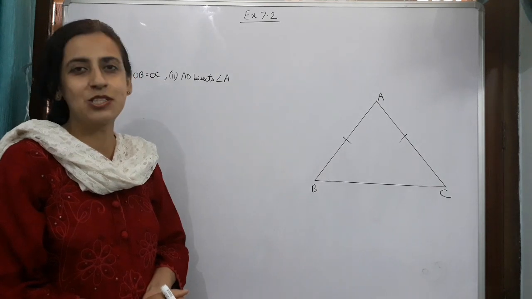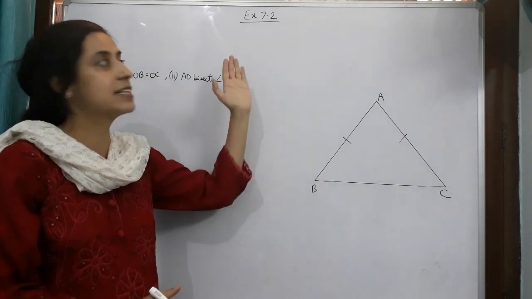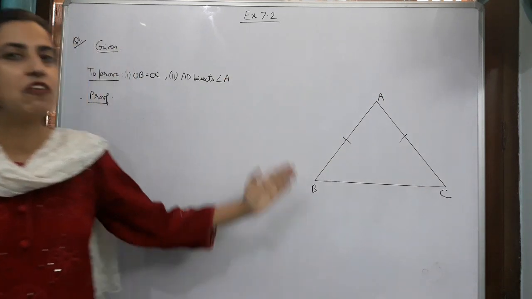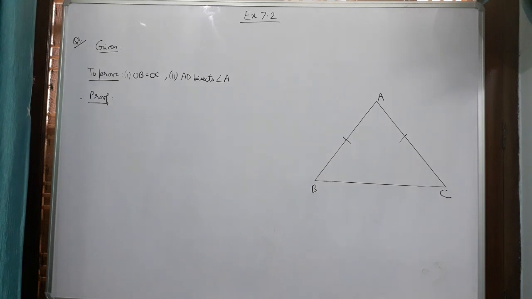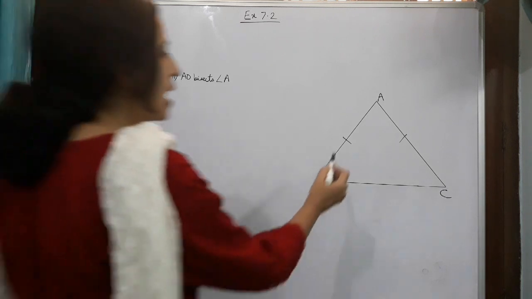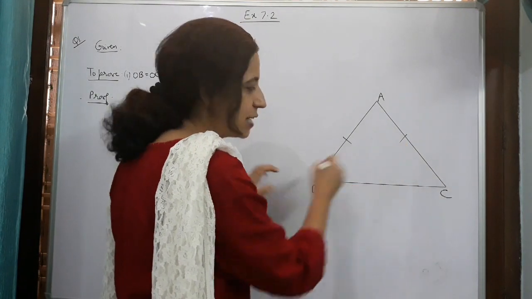Now based on these theorems, let us start off with exercise 7.2. We start off with the first question. In this question they are saying, in an isosceles triangle ABC with AB equal to AC, the bisectors of angle B and angle C intersect each other at O. Join A to O. So over here, this is given to us that AB is equal to AC.